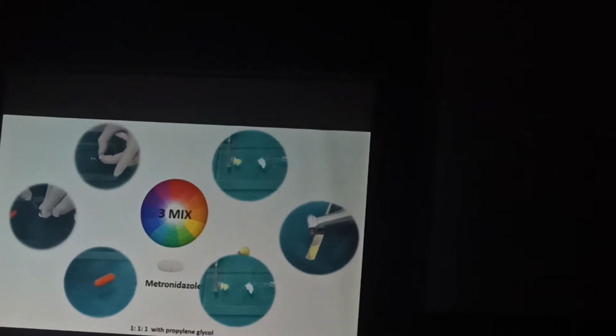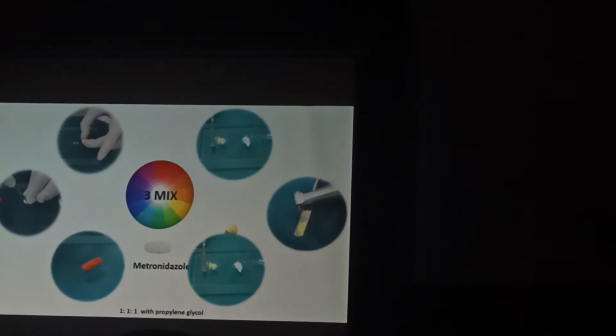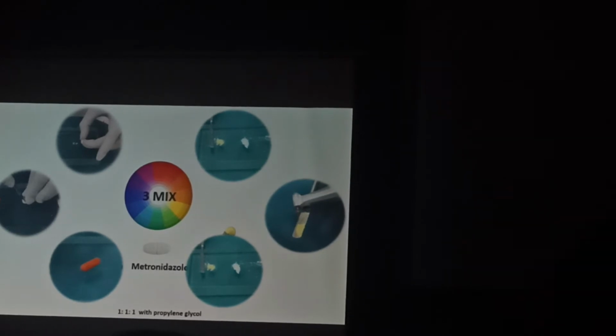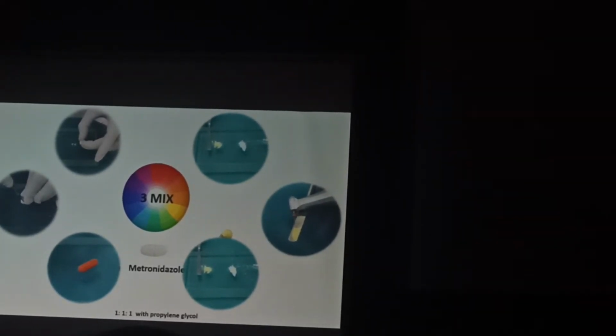We use normal medicine and use a dental blade to scratch the medicine into a powder. And for the ones in capsules, you just open them up and use the medicine inside. Then you mix it at a 1:1:1 ratio with propylene glycol to make a paste.